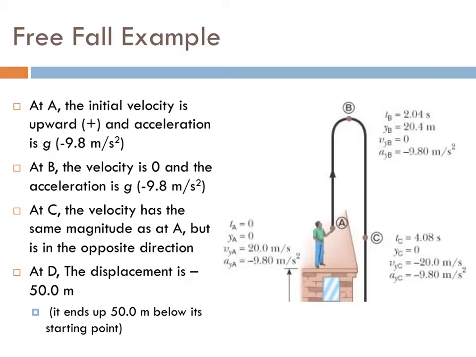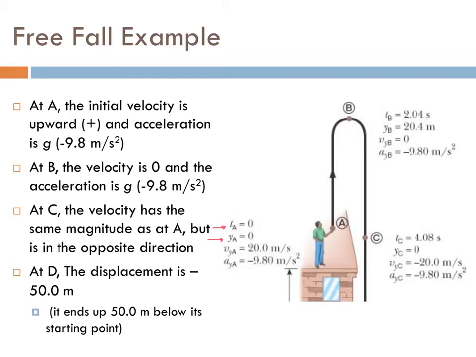So here at position A, we are starting with an initial position of 0 meters. This is also telling us where we begin. Again, when time is equal to 0 is when we begin. We have a velocity in the y direction at point A of 20 meters per second.